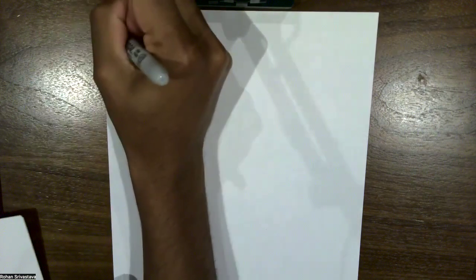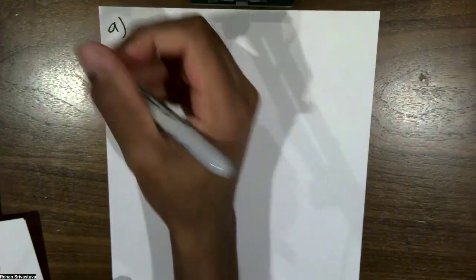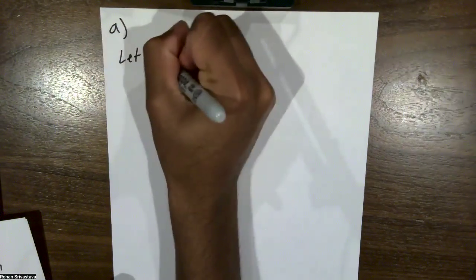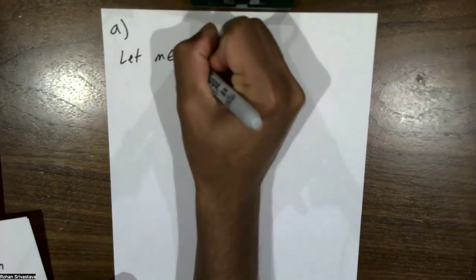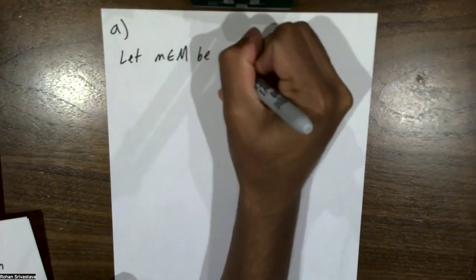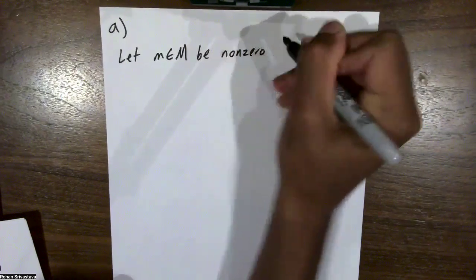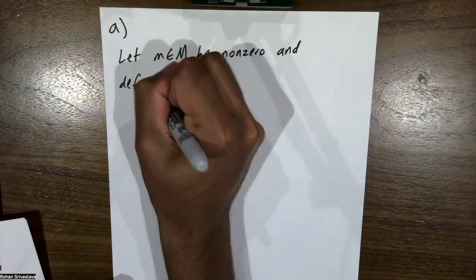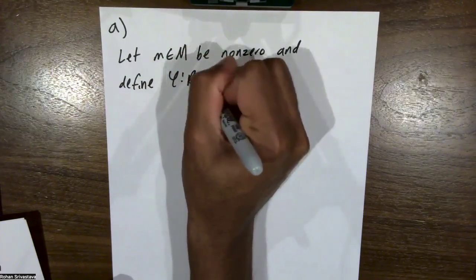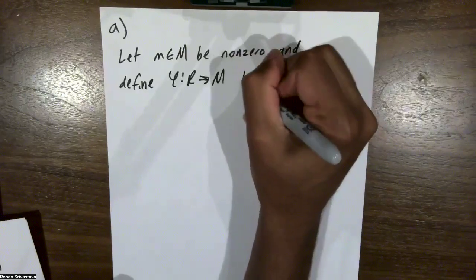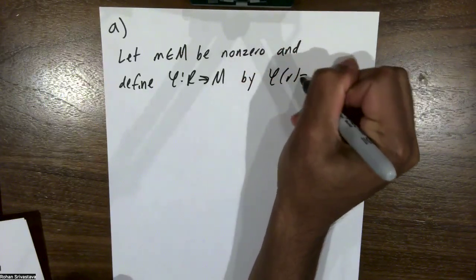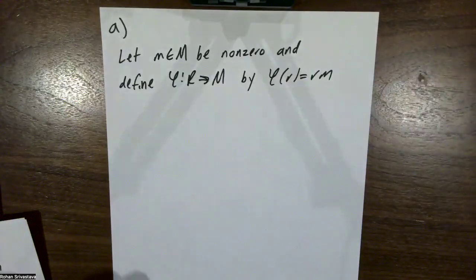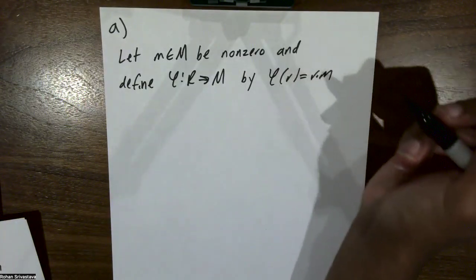For part A, let m, an element of M, be non-zero, and let's define phi from R to M by phi of r equal to r acting on m.